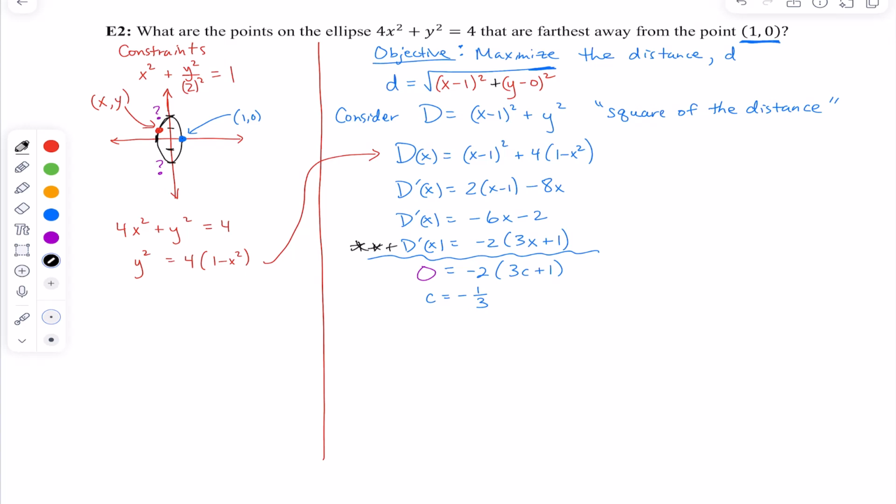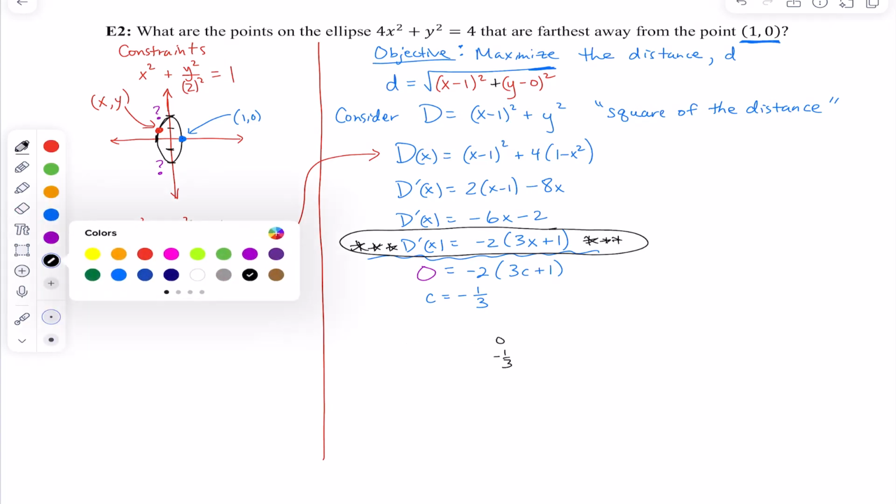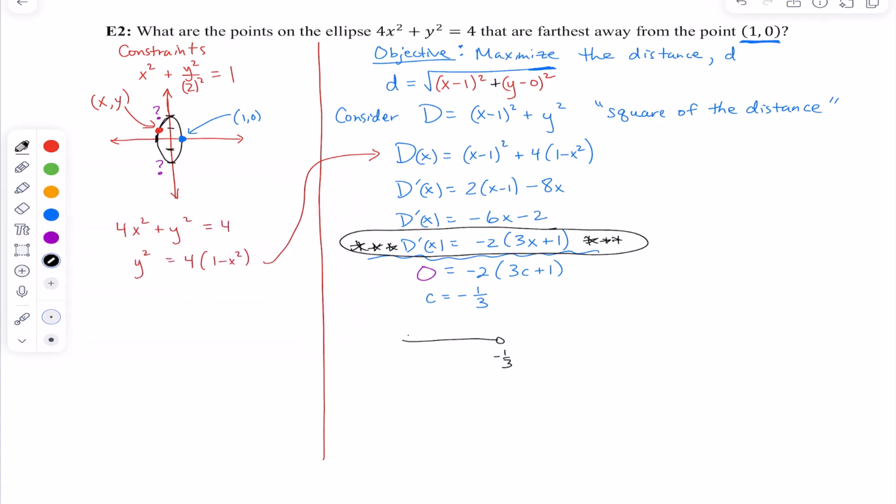This one would be really, really good. I'm going to box this one here or circle it. Now, I'm really not sure what x values could be over here, so I'm going to just let this be an arrow. It really doesn't matter too much because we have one critical number.